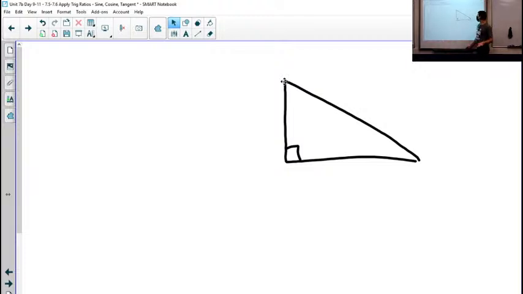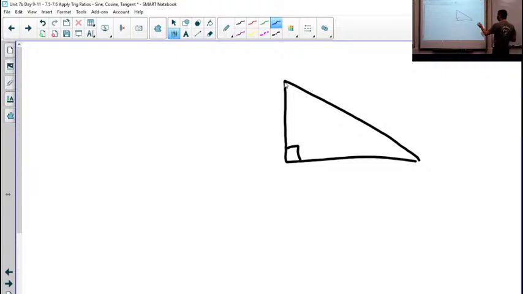Instead, we're going to use a concept called trigonometry. And the idea behind trigonometry is that we have an angle here, and you'll see this come up once or twice. An angle here called, this is a Greek letter that we use as a variable for angles, sometimes called theta.